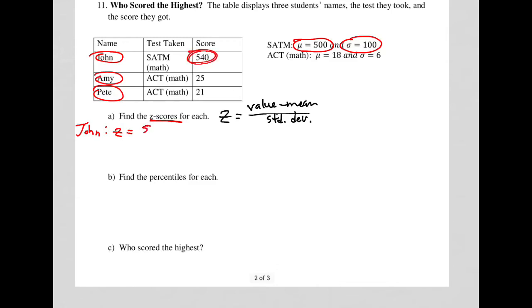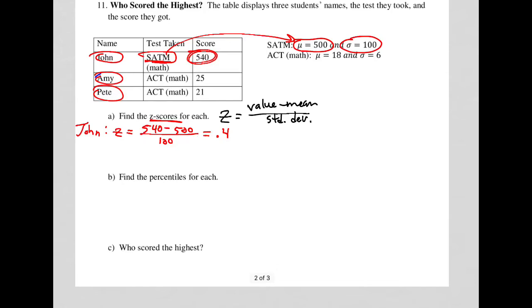He had a 540. Now he took the SAT math section, so we're dealing with this data here. So the mean is 500 divided by the standard deviation, which is 100. And if we do that math in the calculator, we get that John has a z-score of 0.4. So he scored 0.4 standard deviations above the mean.